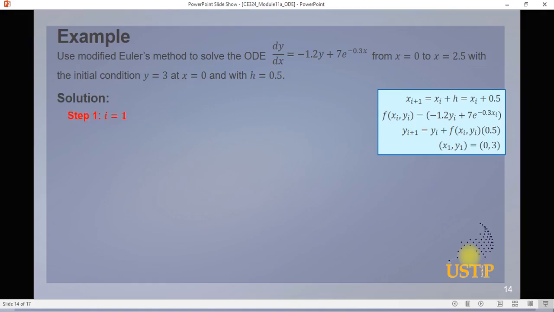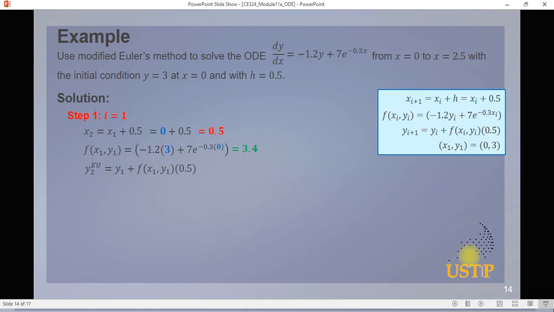Step 1, we have i equal to 1. We have already solved this earlier, no? So given na natay f of x1, y1, which we already solved earlier.